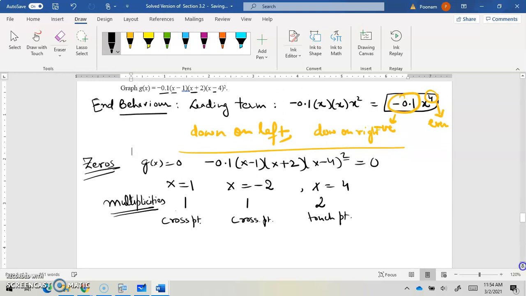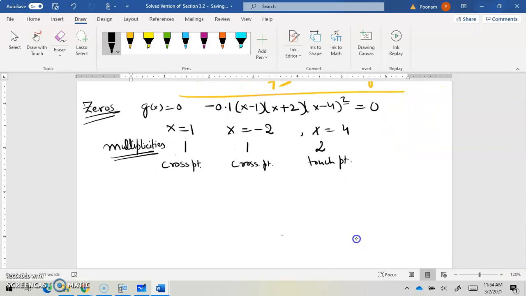Okay. So let's see. We have roughly 3 zeros at negative 2, at 1, at 4. The graph goes down on the left side. The graph goes down on the right side. It is passing through at negative 2. Negative 2 is a cross point.